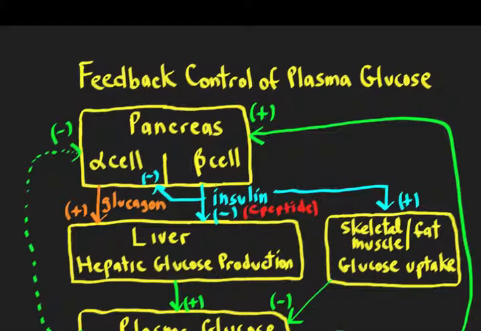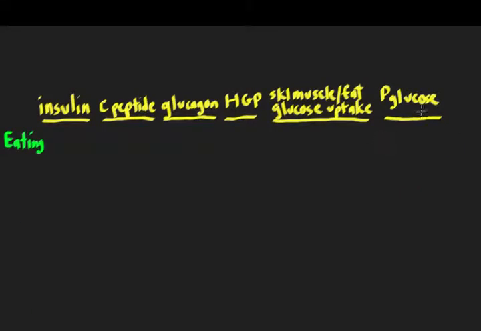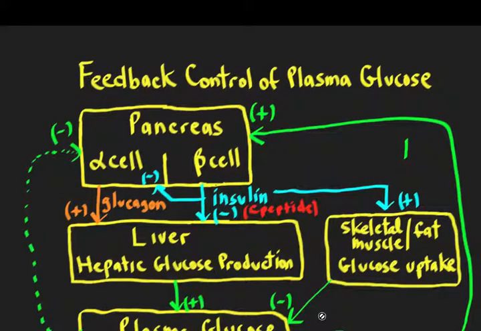And so when we're doing these sorts of feedback loops, we want to know where to start. We're not going to go necessarily left to right. We want to go to the logical place where this would fit in our feedback system. So plasma glucose should be going up if you're eating a carbohydrate meal, and we can indicate that with an up arrow. And then we go back to our feedback loop.